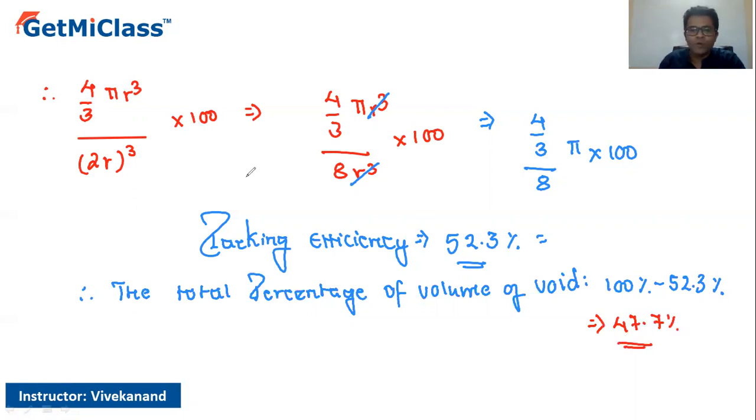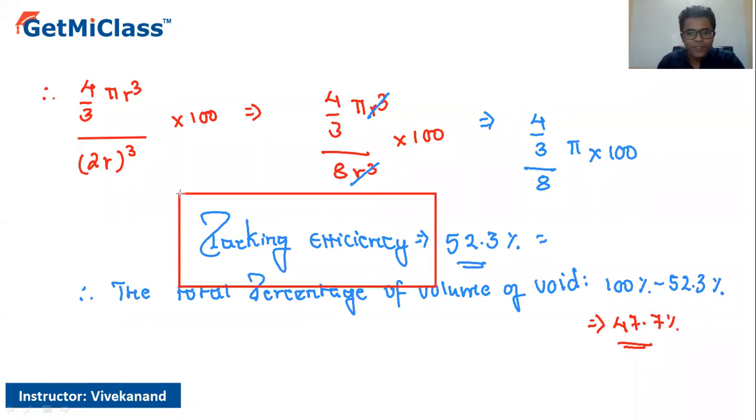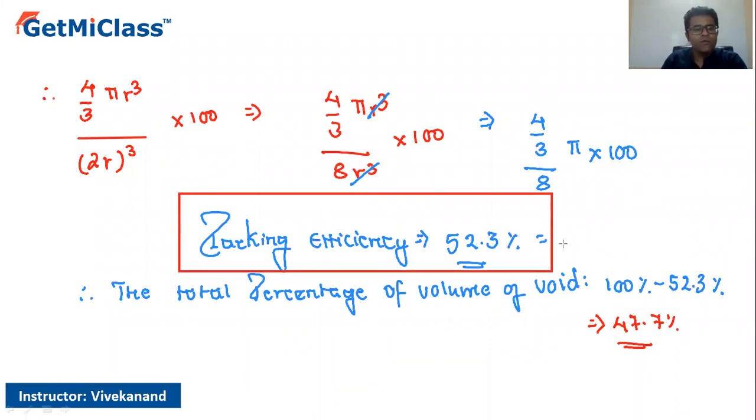So this is the void volume, this is the packing efficiency, and this is all for a simple unit cell. So let's take a look into all of these concepts.